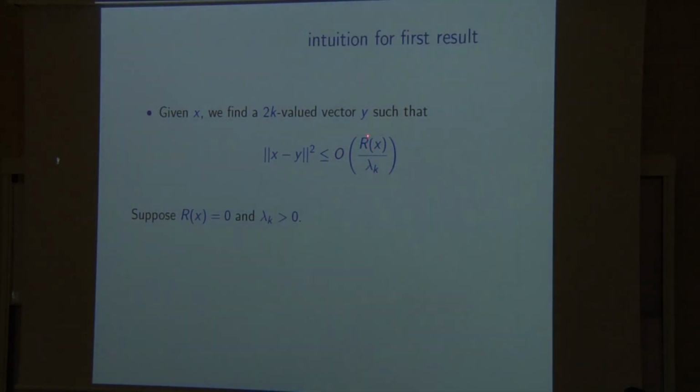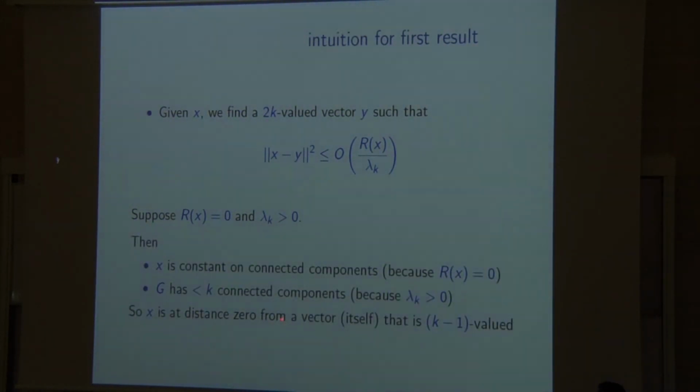So let's see how to argue the case in which lambda 2 is 0. So this vector x has a Rayleigh quotient of 0. But also the ratio is well defined, so lambda k is positive. Well, in this case, the vector x has to be constant on connected components. That's the very first observation we made when talking about those expressions. But if lambda k is positive, G can have at most k minus 1 connected components.